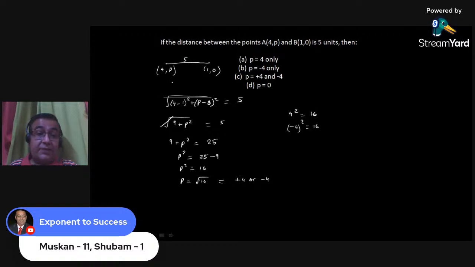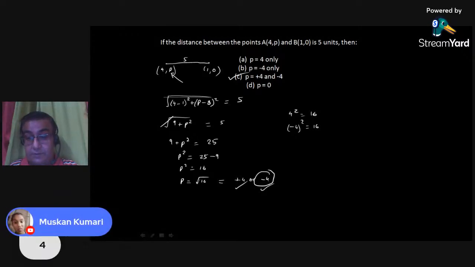But since we are finding the value of p and p is a coordinate here, it's not the distance. Had it been a distance, we would have ignored the minus 4, but because it is a coordinate and it can be negative, it has to be both plus 4 as well as minus 4. So part C is the correct answer.